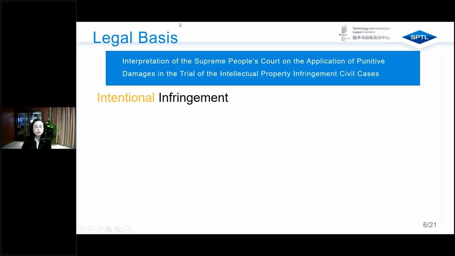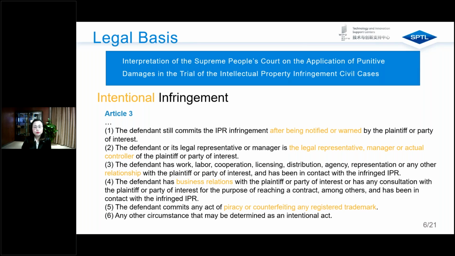In Article 3 of the interpretation, for the determination of intentional infringement, the factors to be considered include the type of the infringed intellectual property rights, the rights status, and the popularity of the products. The relationship between the defendant and the plaintiff or the interested party should be comprehensively considered.